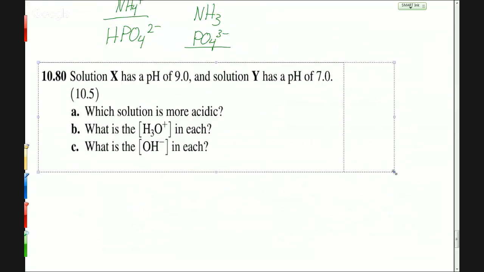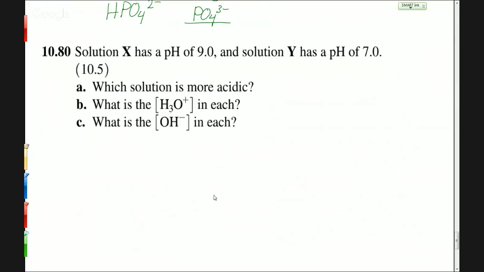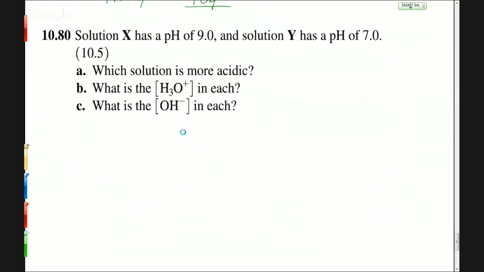All right, so let's take a look at this one. Solution X has a pH of 9. Solution Y has a pH of 7. Which solution is more acidic?